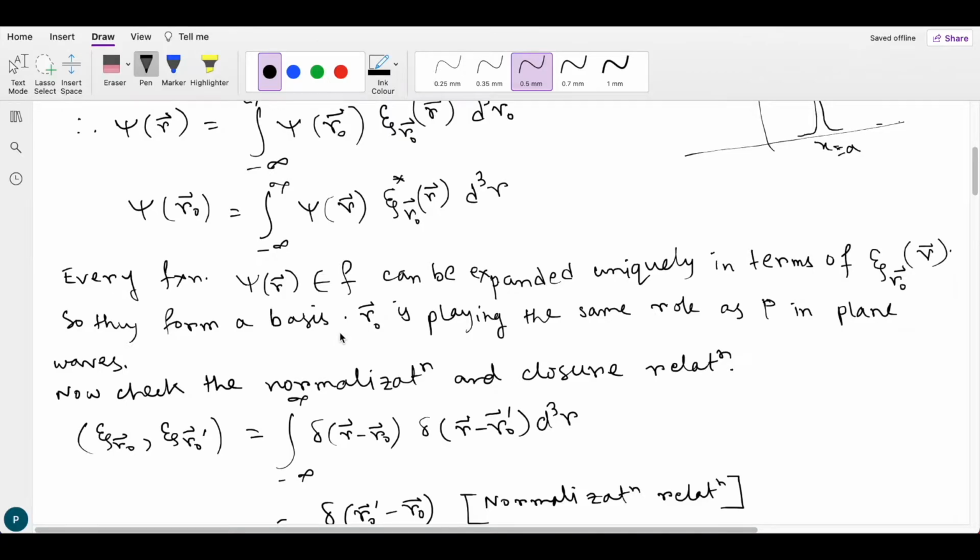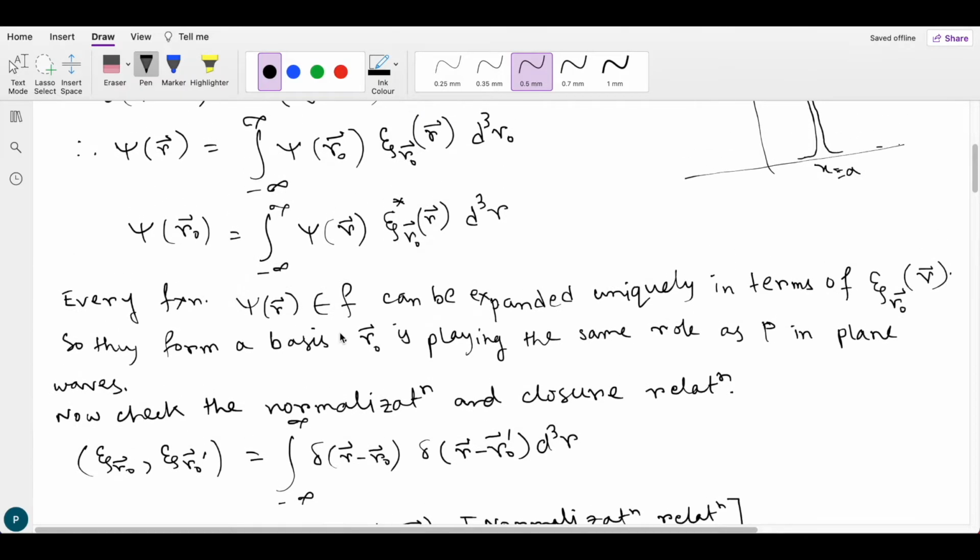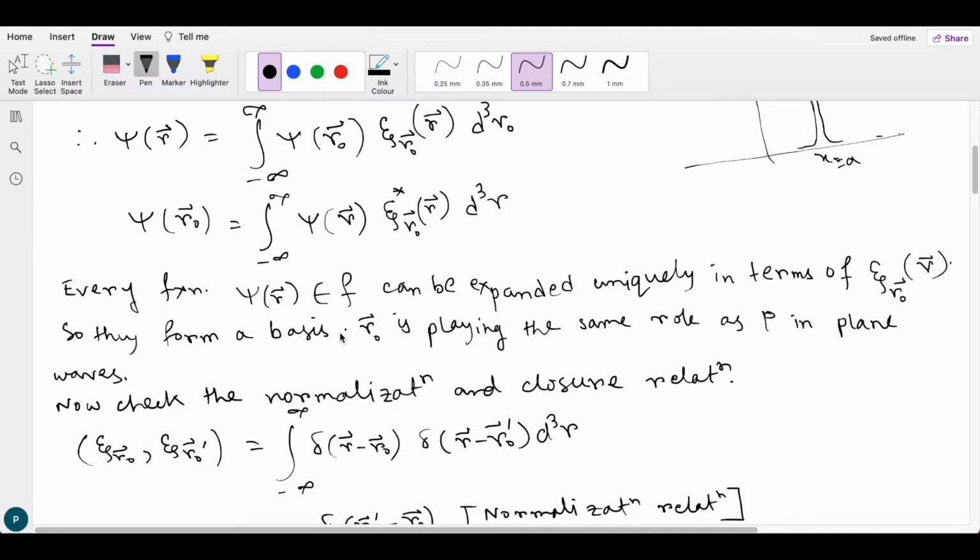So they form a basis and the expansion coefficient is given by psi r naught, and the index is r naught, which varies continuously from minus infinity to infinity, and r naught is playing the same role as p in the case of plane waves, where p varied from minus infinity to plus infinity.